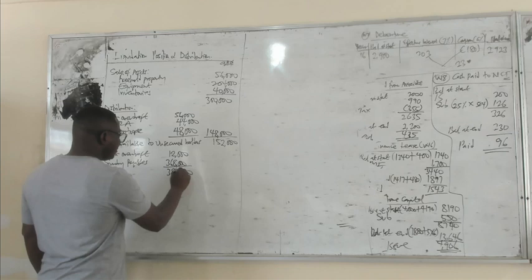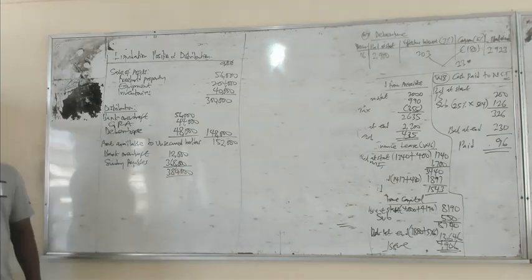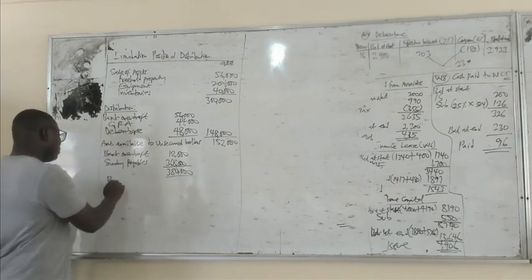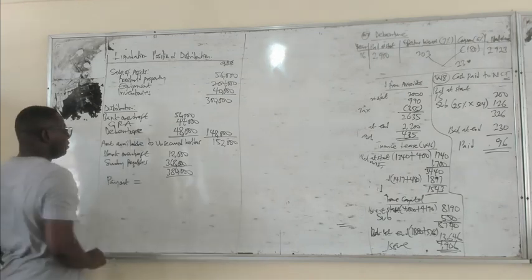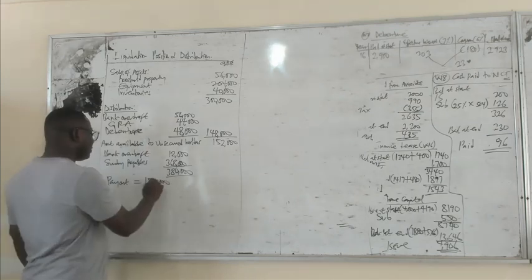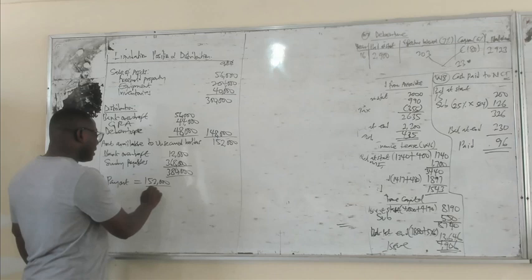We're at 380,000. But the amount available to pay them is only 150. So we cannot pay them fully. So we determine the payout. So in the exam, we write the payout. So the payout will be 152,000 divided by 380,000.